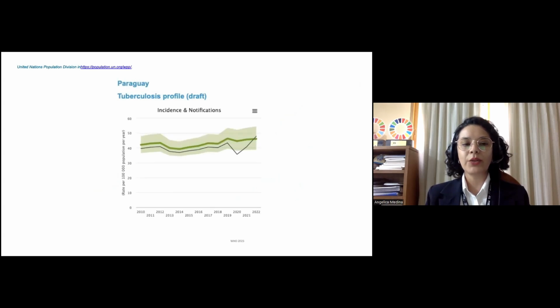This slide shows the information from the OMS. This is the draft for the TB profile in Paraguay. We are going to be able to see these in the global TB report from the OMS in the future. We can see that the incidence, which is this green line, and then you can see a black line, which is Paraguay.